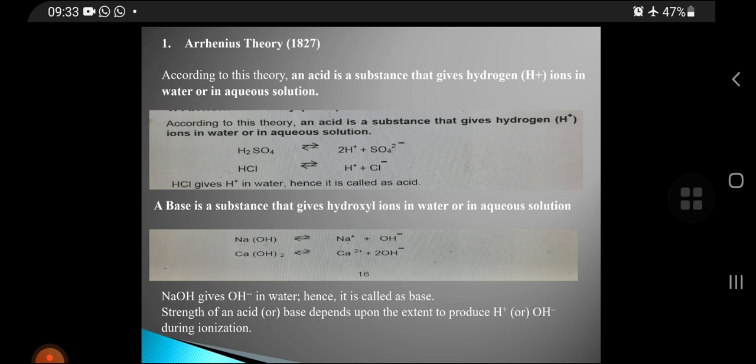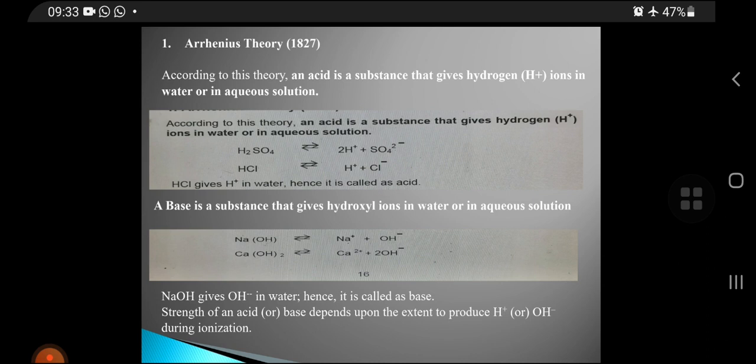The strength of an acid or base depends upon the extent to which it produces H plus or OH minus during ionization. So, for any acid or base, strong or weak, how to identify?